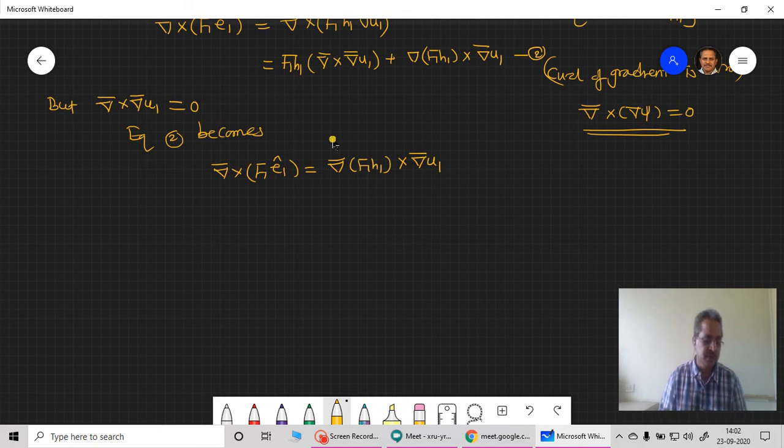I got this first, and further for simplification, del bar F1 H1, and this del U bar cross is replaced by the same equation which we have written earlier, E1 cap upon H1. So I am writing del bar cross F1 E1 cap in this format: gradient of F1 H1 cross E1 cap upon H1. Call this equation number 3.